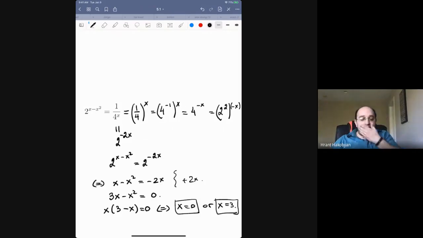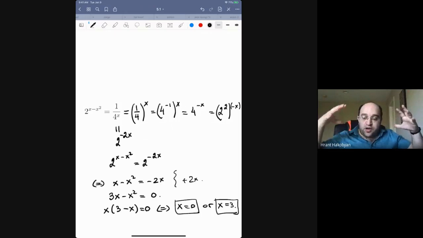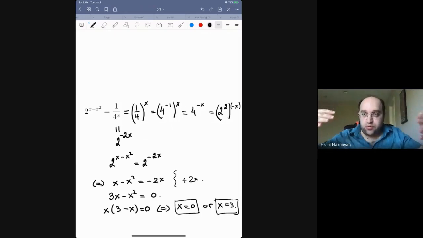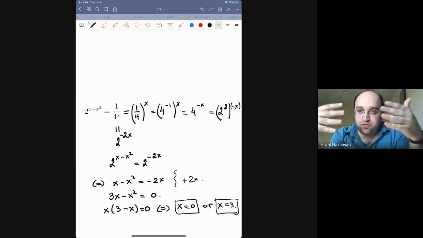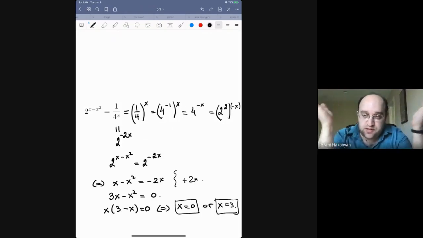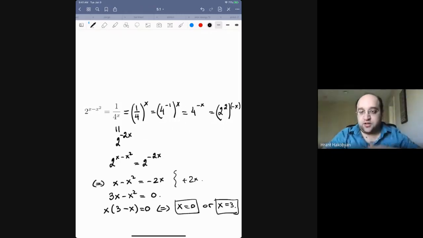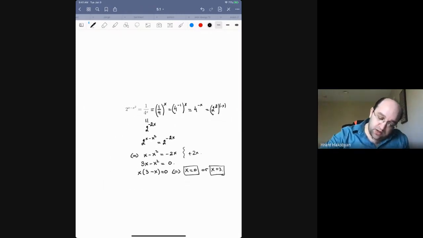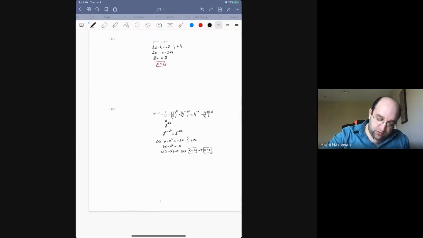So whenever you have two exponential expressions which are equal to each other and the bases are the same, all you have to do is set the exponents equal and then solve the resulting equation. I'm going to stop here. This is all I wanted to say for today.